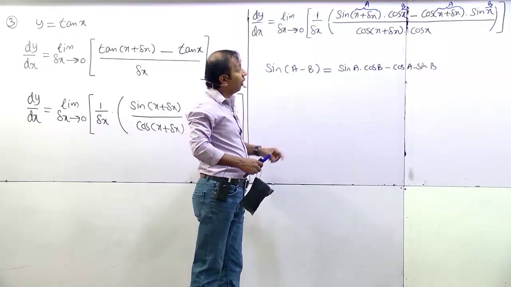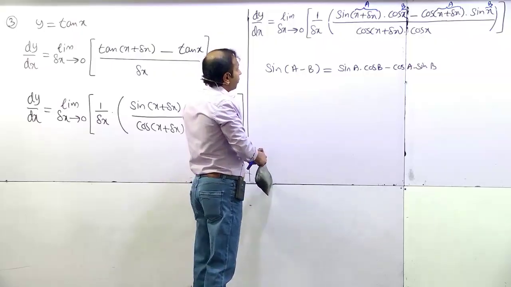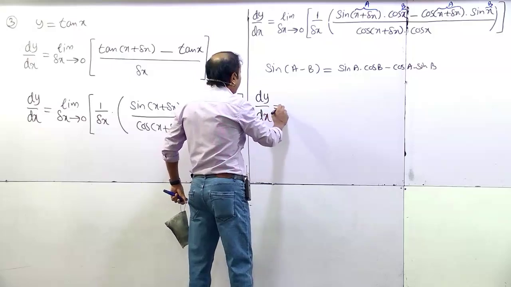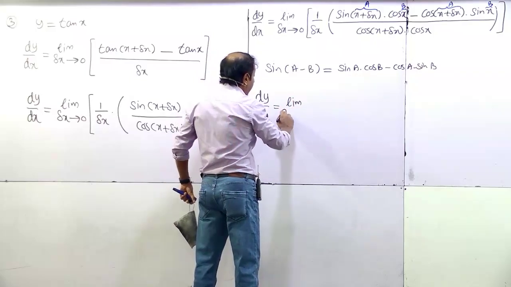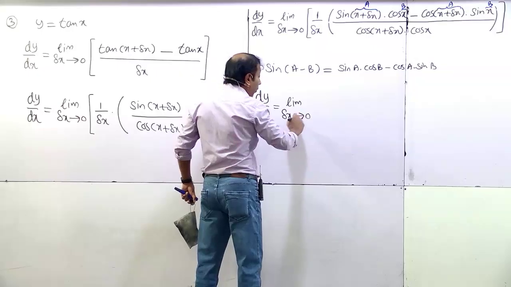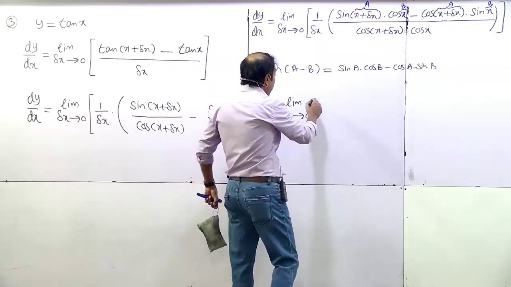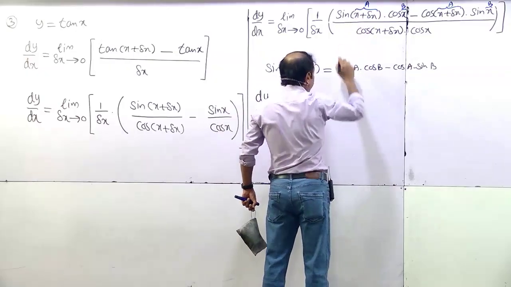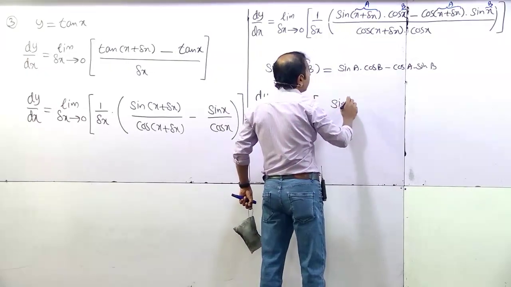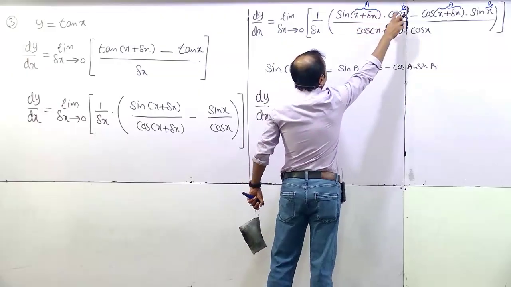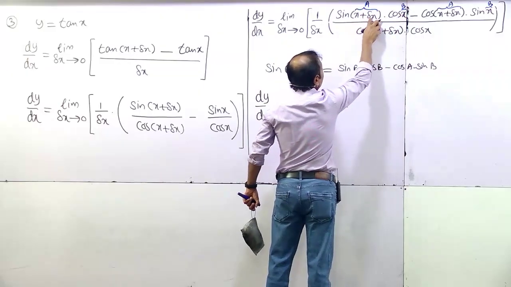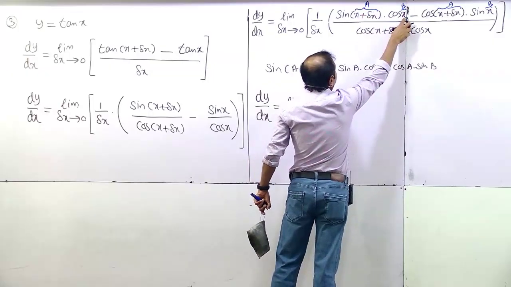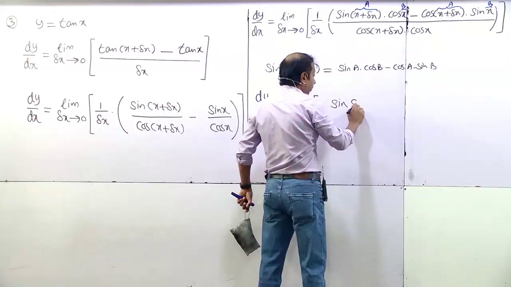Then we can write dy by dx equals limit delta x going to 0. Here sin of, from this A we have to subtract this B. Here x plus delta x, from that we subtract x, then x and x cancel and we get only delta x.